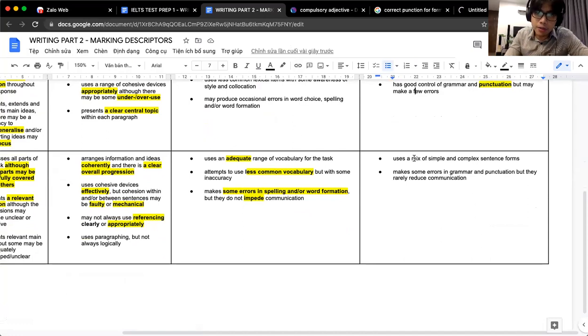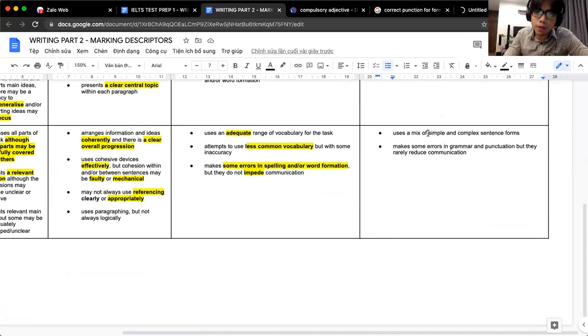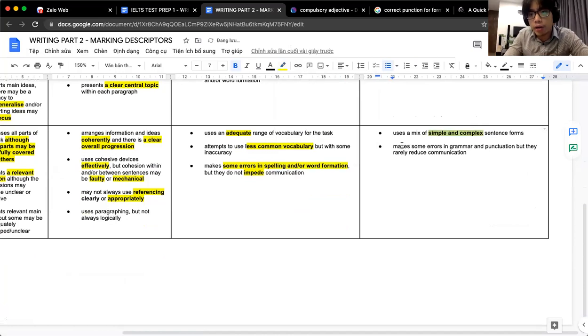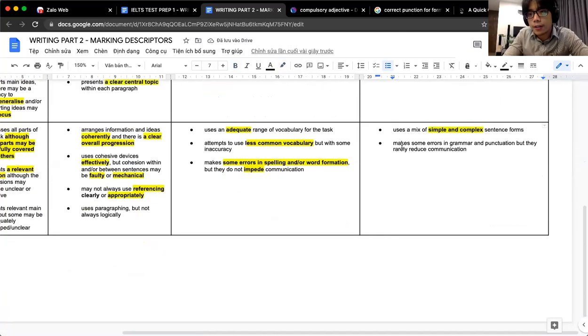At band 6 level, you only use a mix of simple and complex sentence forms. So you try to use the structures, but they are either not correct or not very diverse, and you make some errors in grammar, but they rarely reduce communication.